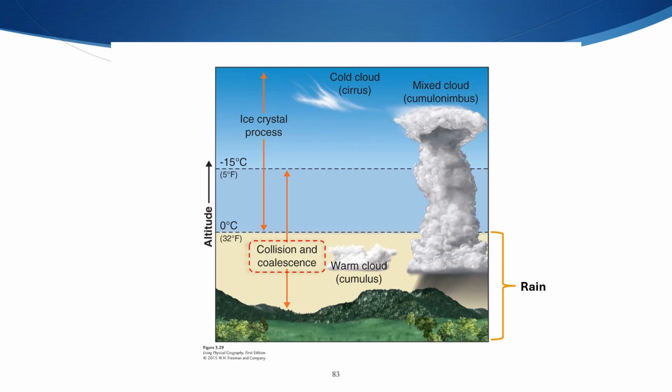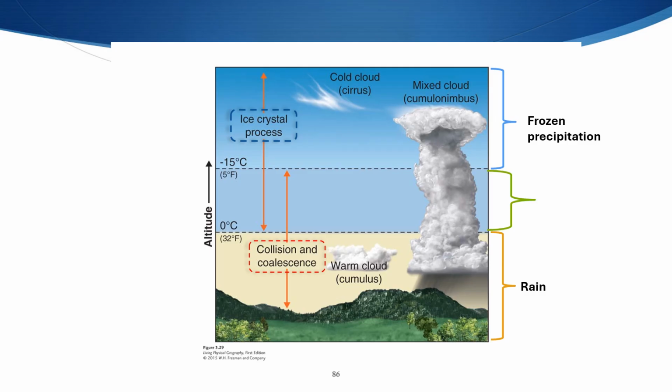Then if we go from negative 15 degrees Celsius and colder, we're looking at clouds that are forming precipitation using the ice crystal process. And those are going to give us our frozen precipitation, snow, sleet, freezing rain, etc.